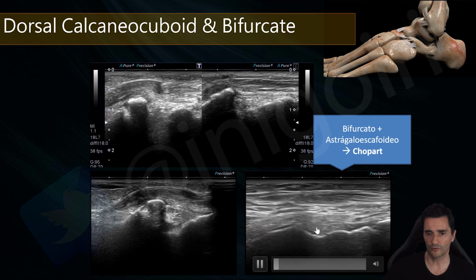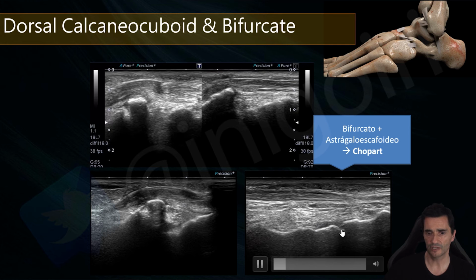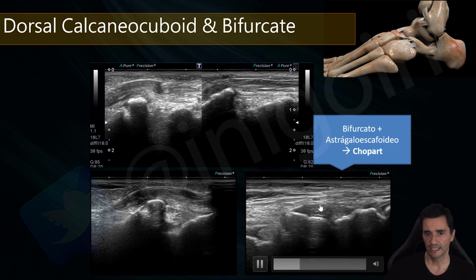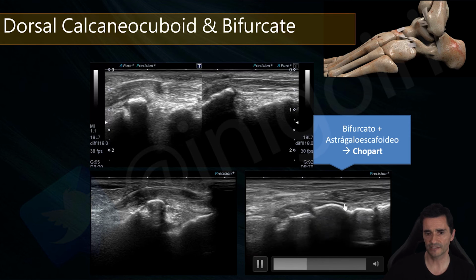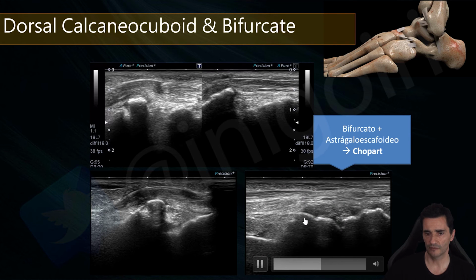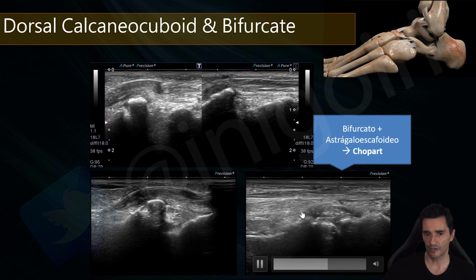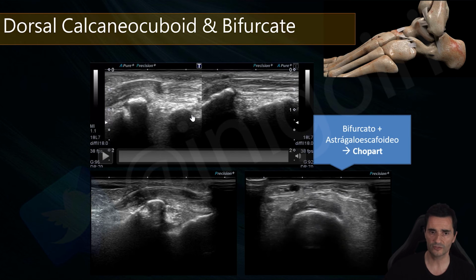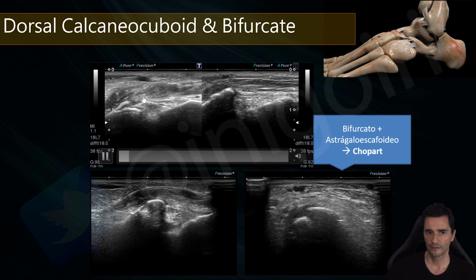You need to check also the talonavicular ligament, as you can see here, and in this case it has an affection of both, and even with a bony affection here of the talus. So don't forget to check always all the ligaments, okay?